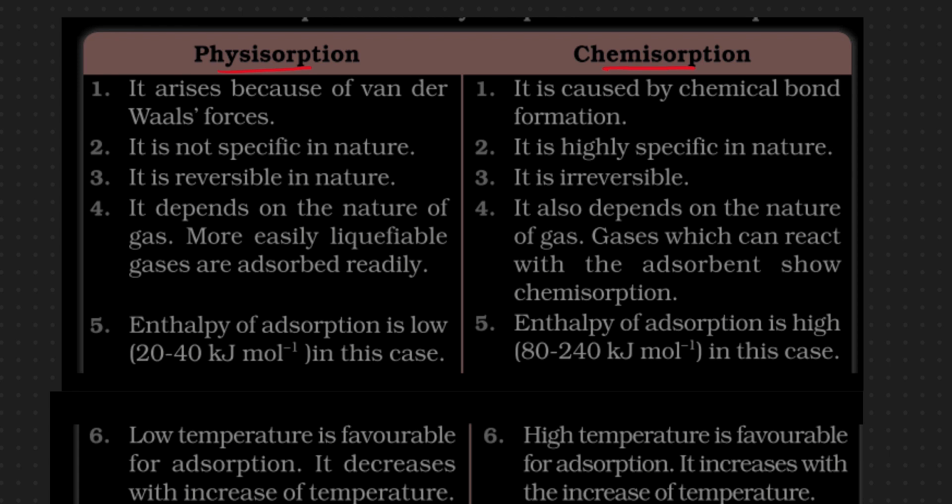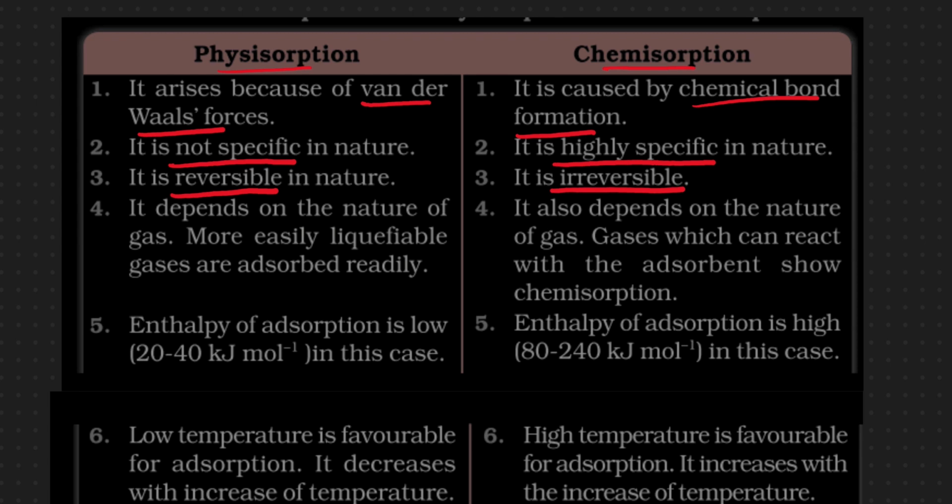Let us look. Physisorption or physical adsorption arises due to van der Waals forces, a weak type of forces, and chemisorption is by chemical bond formation. Physisorption is not specific in nature, and chemical adsorption is highly specific in nature. Physisorption is reversible whereas chemisorption is irreversible.